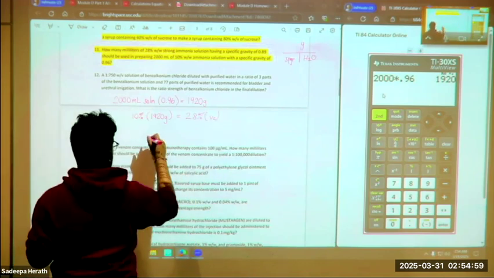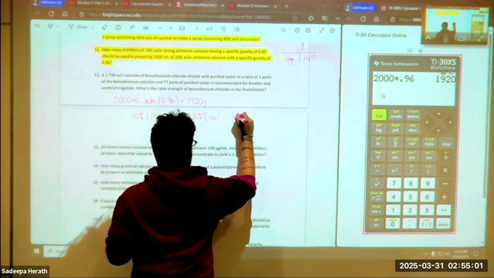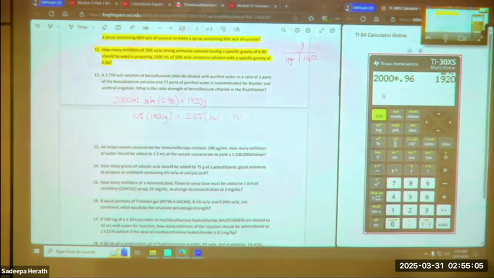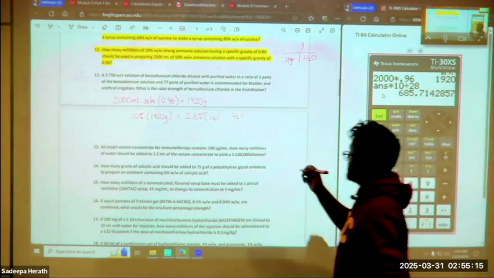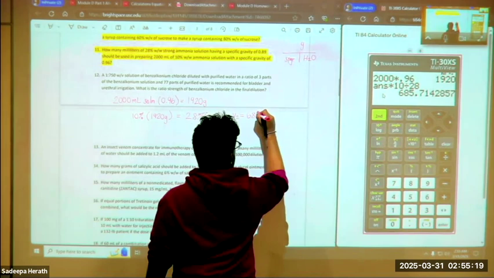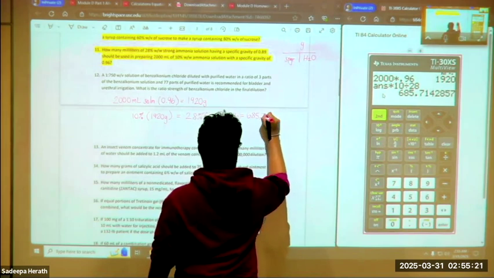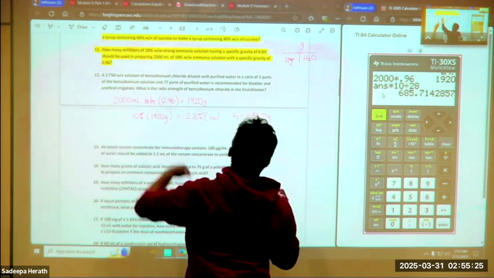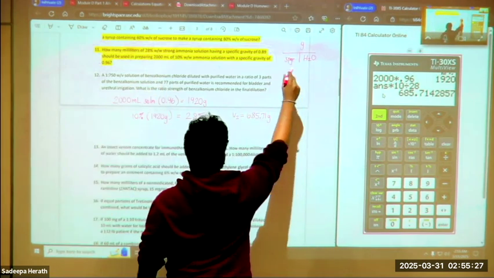So V2 equals 1920 times 10 divided by 28, which is 685.71 grams.